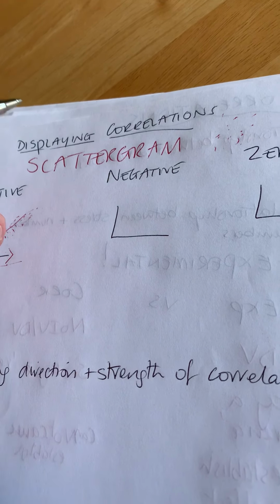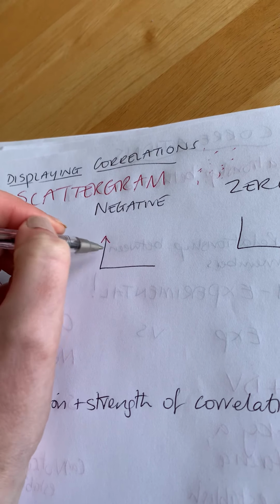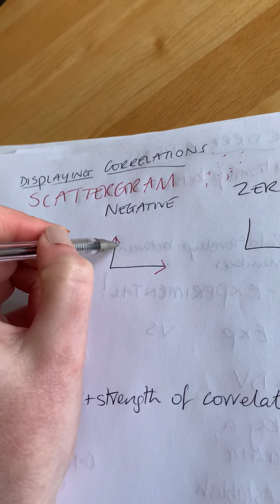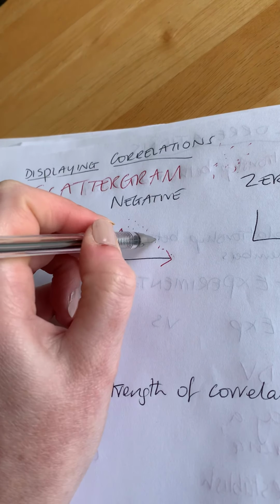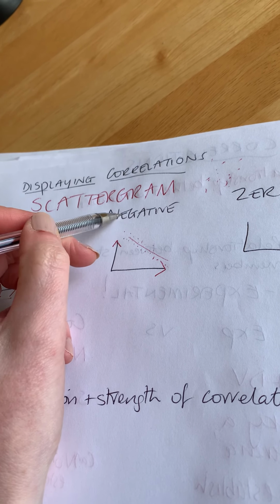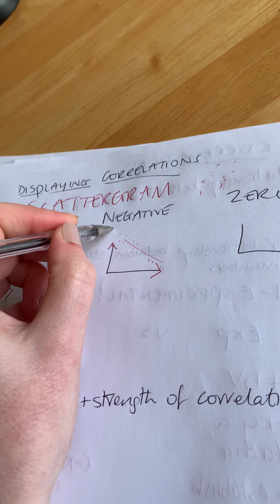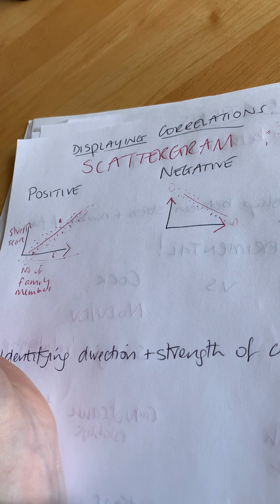Moving on then to a negative correlation. So remember, it's as one variable increases, the other decreases. So a negative correlation will follow that type of trend. Again, we could draw a line of best fit if we wanted. And general negative correlation goes from top left to bottom right. Okay, so see the difference there between the positive and the negative.